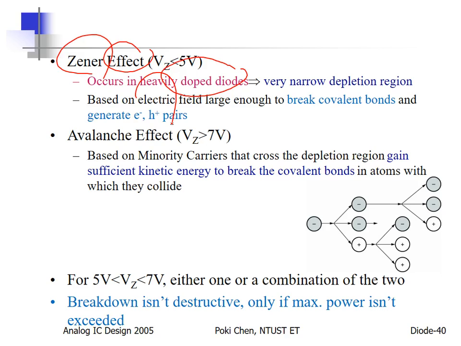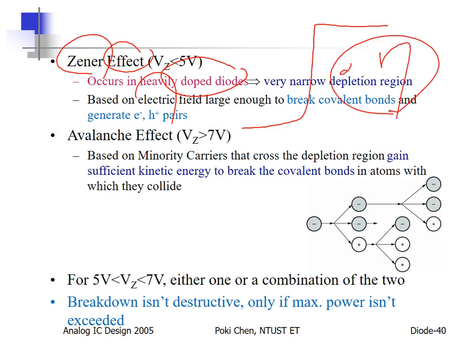But for silicon, the barrier is still 0.7 volt. So it means the more highly doped the diode, the narrower the depletion region, and the electrical field here becomes much larger. Until what? If you have enough electrical field, to break down the covalent bonds.